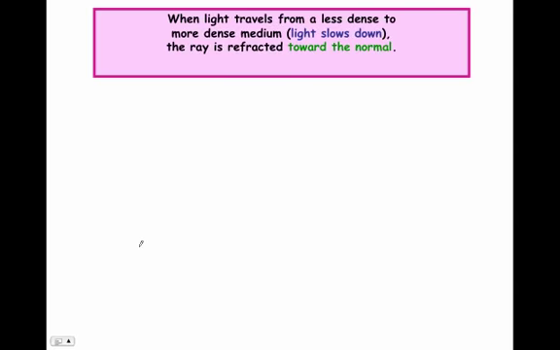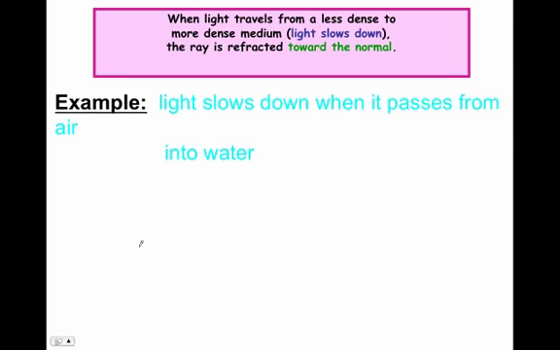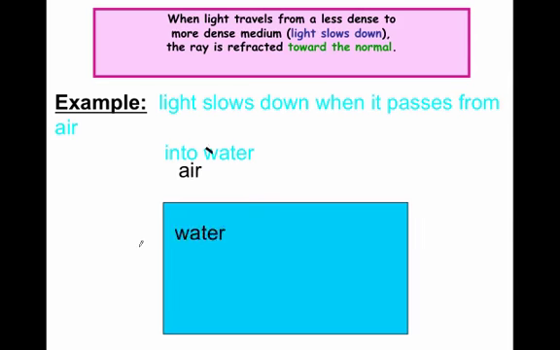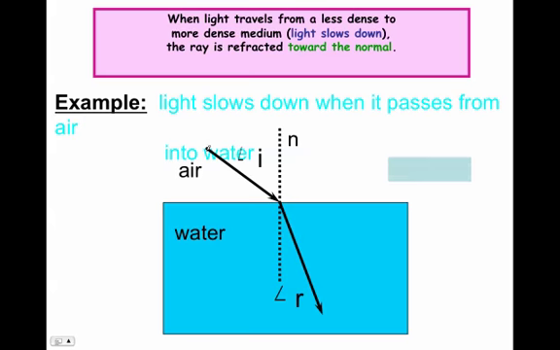When light travels from a less dense to a more dense medium, we know light slows down and the ray is bent towards the normal line. So for example, light slows down when it passes from air into water. So here's air, here's the light ray.